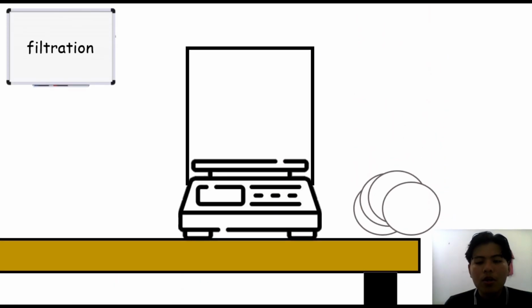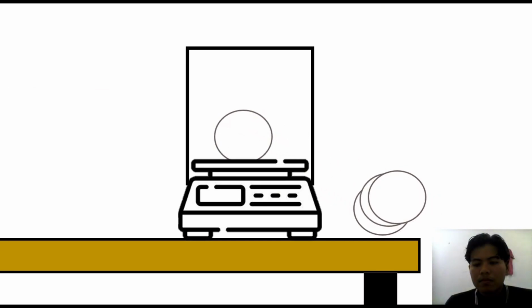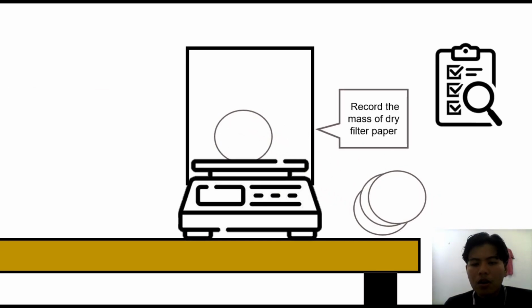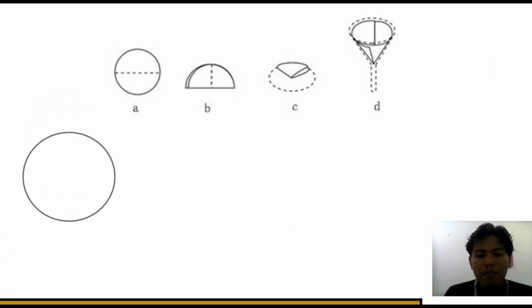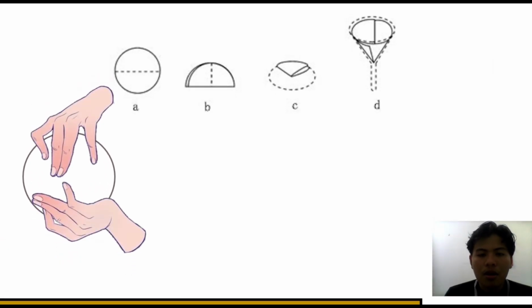And now we go to the next step, the filtration. First, we record the mass of the dry filter paper. The filter paper is then folded with the right technique.